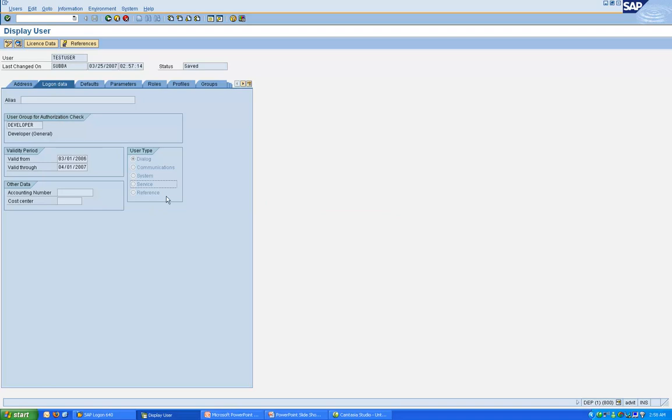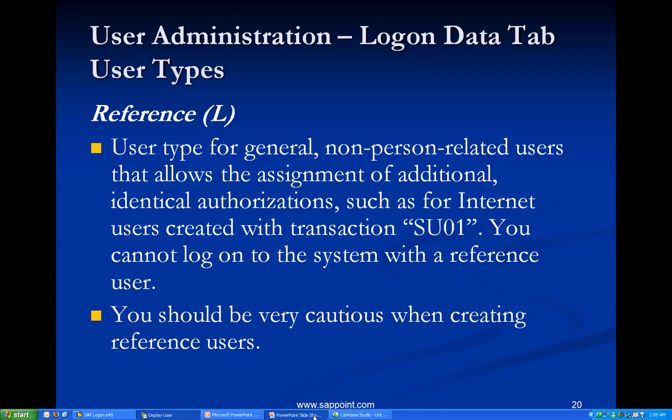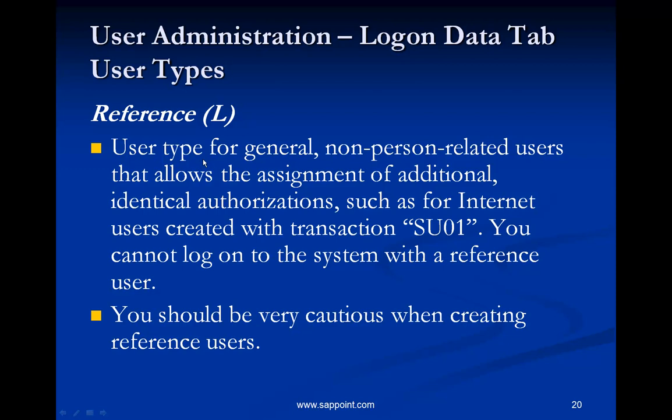The next user ID that you have is the reference user ID. Now this user ID is a type for general and non-person related users that allows the assignment of additional and identical authorizations, such as internet users created with transaction SU01.